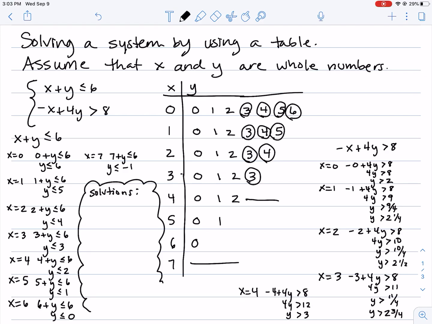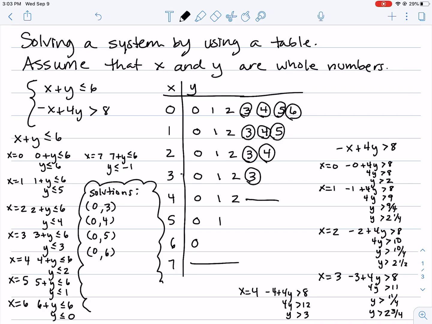So looking at our table, everything that is circled is a solution. So it looks like for x equals 0, I have 4 solutions. At x equals 0, I have (0, 3), (0, 4), (0, 5), and (0, 6).